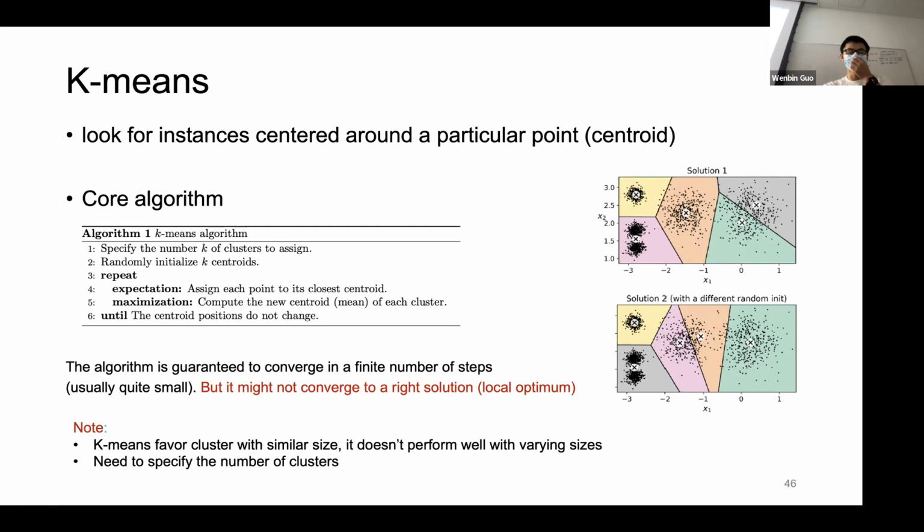There are also some limitations of k-means. First, k-means favors clusters of similar size, as we can see from the calculation. So in an unbalanced data set, it's probably not a good choice. And also, we need to specify the number k.